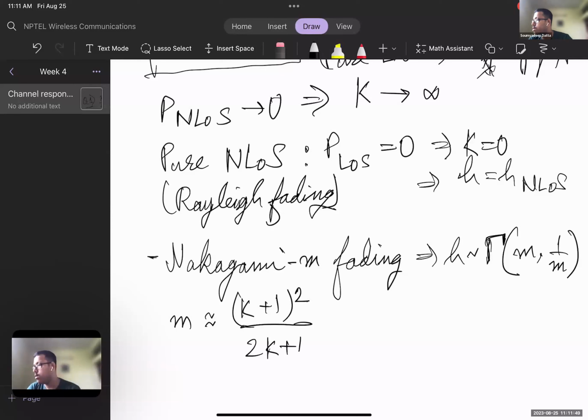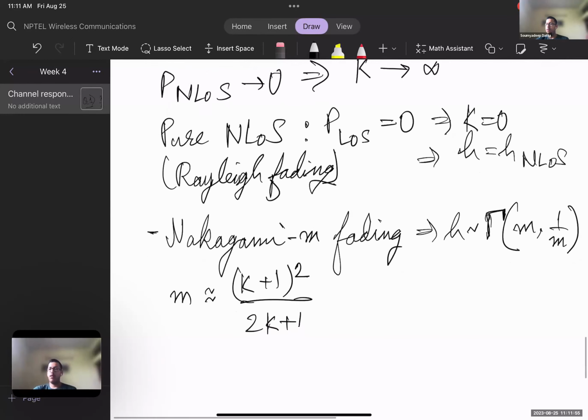So if you are given a value of K, let's say you are told that the Rician factor K for some scenario, and this is actually something that I use in my research also. Let's say you are doing some work in your company and you have to follow 3GPP standards.